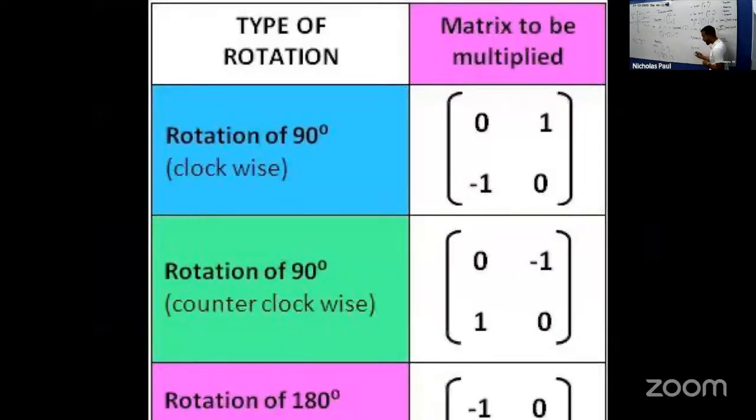And then write: what's the first one? That's right, clockwise 90 degrees, and then write the matrix. And then anti-clockwise.